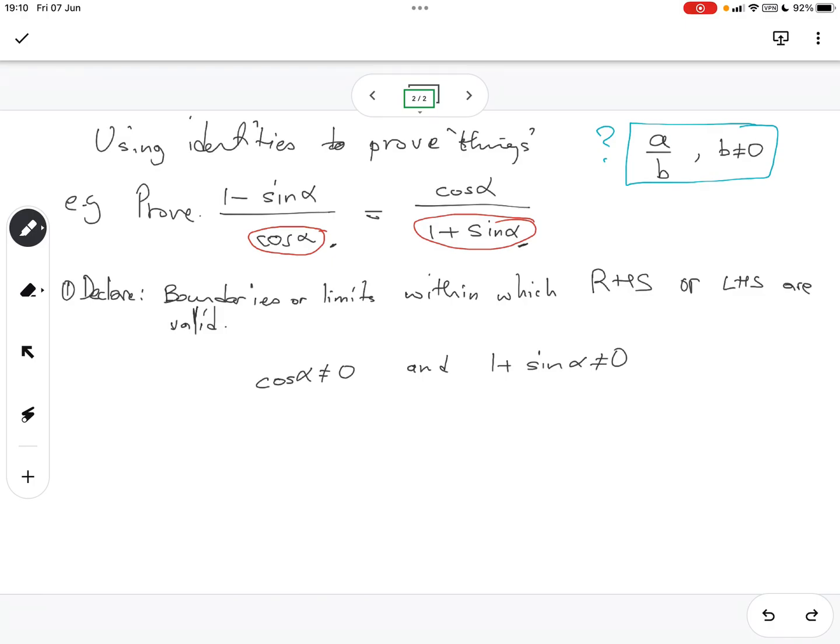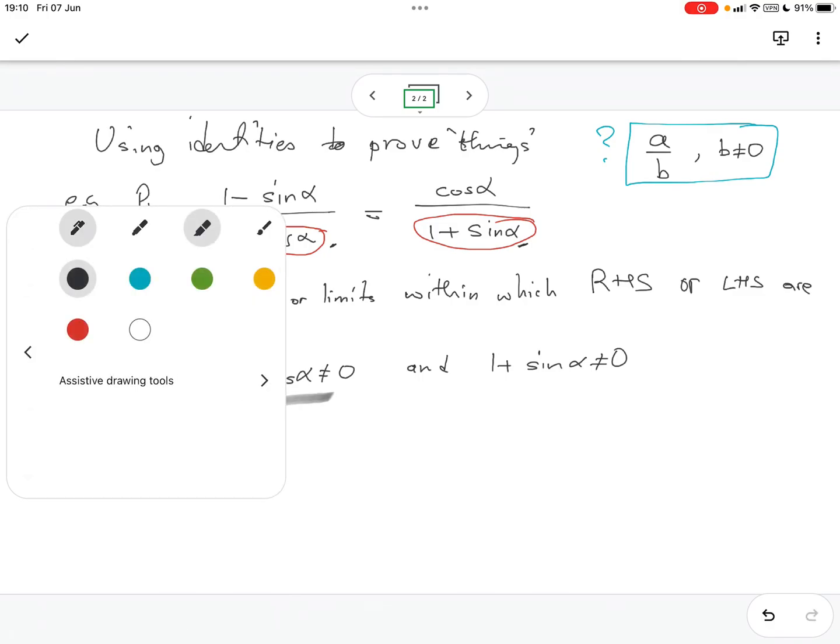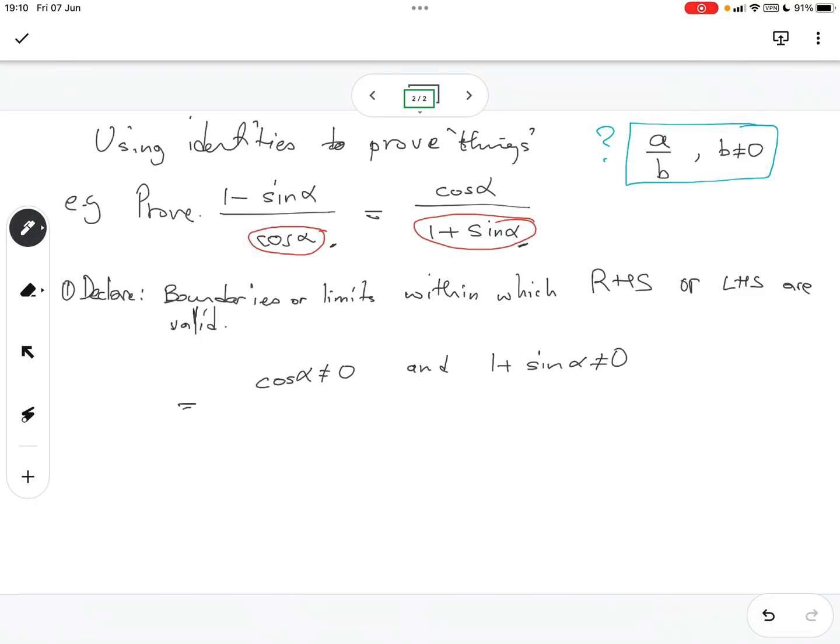Let's do a quick exercise. I like showing this one. It's not necessarily a proof, but it helps us think about it. Let's take the number 1 and divide it by 1.